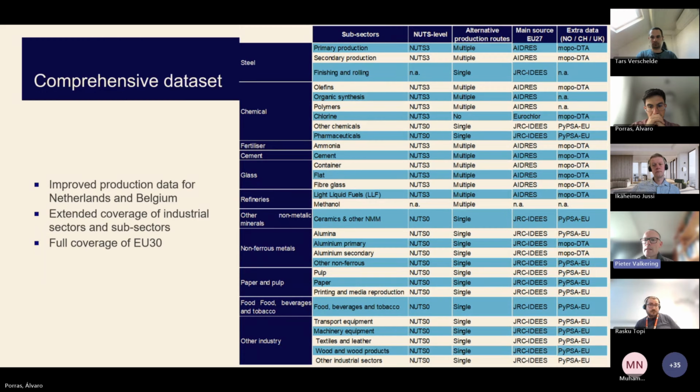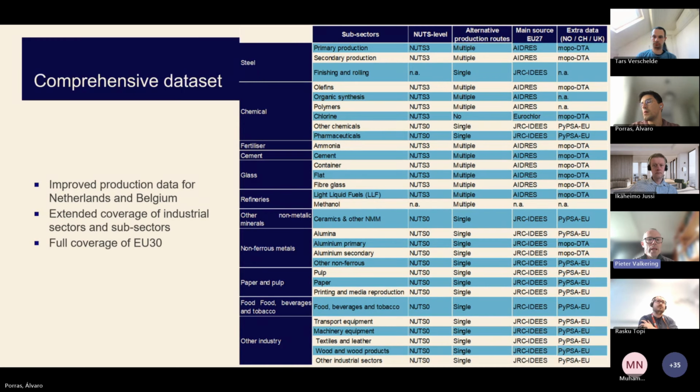So we combined different databases together, and mainly we've been working with JRC IDs, and also to some extent extracting data from Pipes Europe to create a full consistent overview of all sectors, where the most important things are covered at the highest level of detail, but it's also covering other sectors that are maybe not as energy intensive, but they are still included in the database, sometimes at a lower level of detail, for example, not at NUTS3, but at a country level, but still being present.